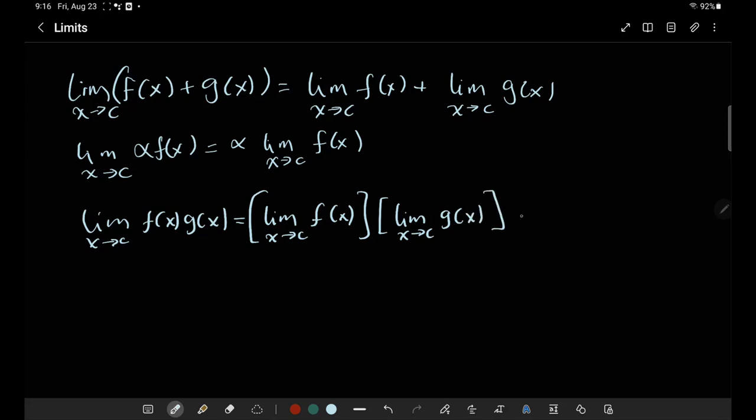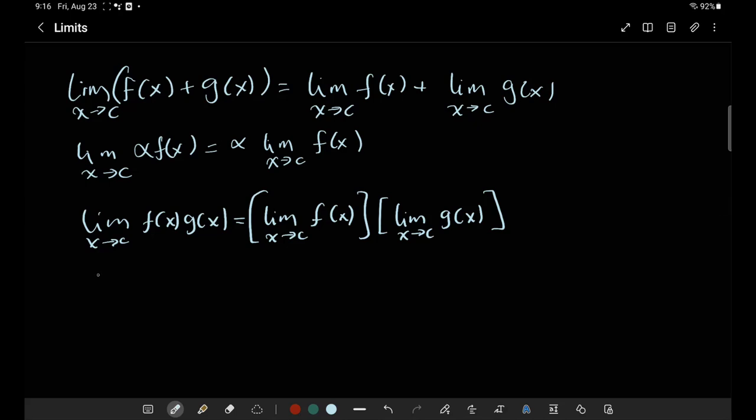And this will automatically imply, for example, that the limit of a power is the power of the limit. So you can move powers in and out of the limits, if you will. Positive powers, I should say.